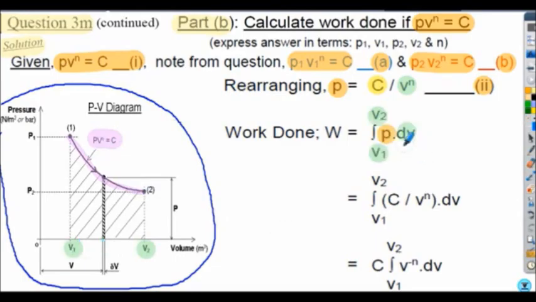But inserting equation 2 into our integral, we replace the p with c divided by v to the n. Again, as with part A, we bring the volume from the denominator to the numerator. So this time it's v to the negative n, and we take the constant outside of the integral. So now we're ready to integrate. Solution continued on the following slide.